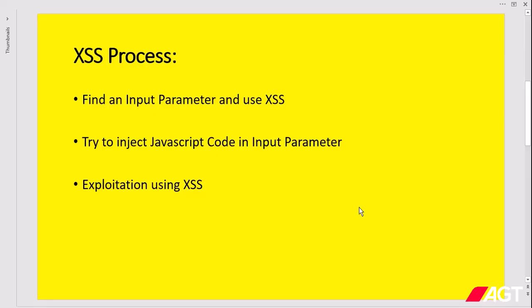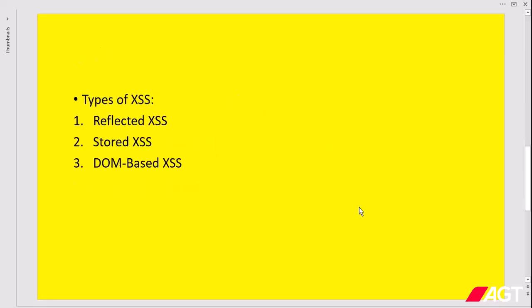And if we succeed, then there may be chances that there is an XSS vulnerability on that web page. To make sure, we will move on to the next step, which is to try to inject JavaScript code into that input parameter. And if we succeed, then there must be an XSS vulnerability. So we will go for the exploitation using XSS.